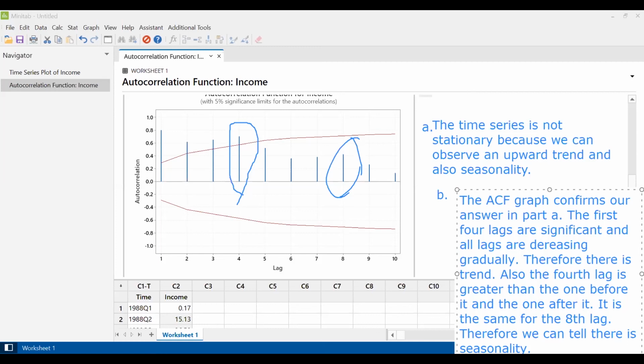All right. And part C asks us to test the first 2 lags with a significance level of 0.05.